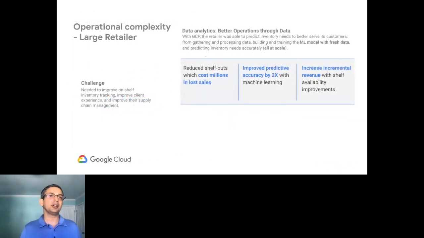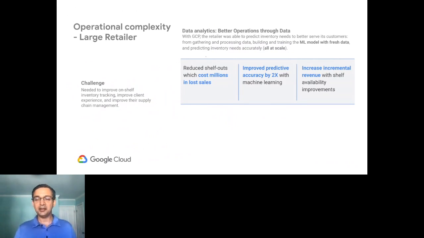Now, scale is not the only constraint here. If you look at the example I showed earlier, that was a retailer that had an online store and physical locations. In that case, if you think about availability of an item in a store, that has a really large impact on both revenue and user experience. So a large project they did was, let's predict inventory needs at the SKU level at each store, so we can reduce shelf out, and we can also delight our customers by having it available when they need it.